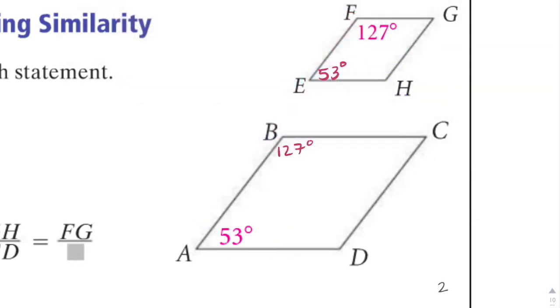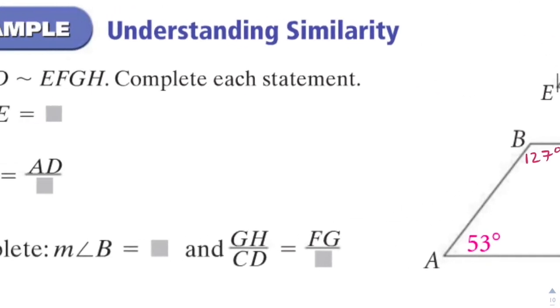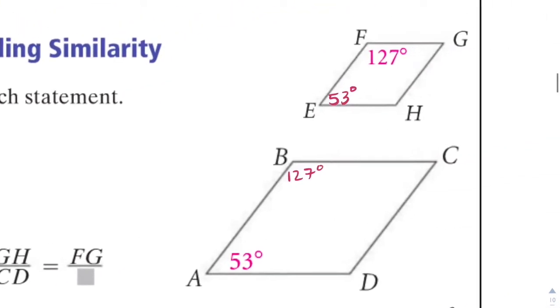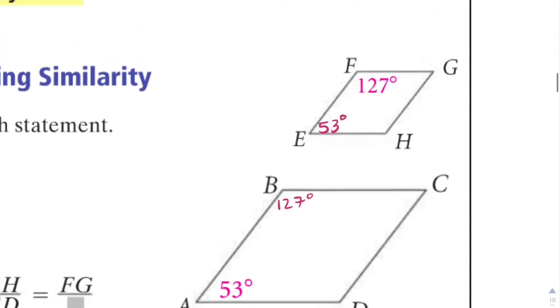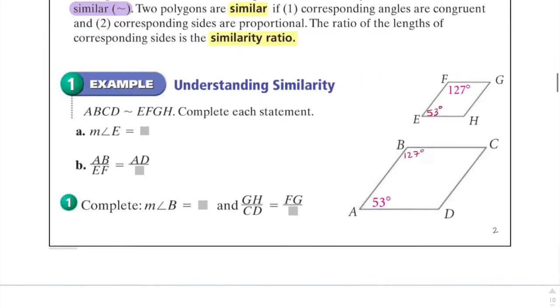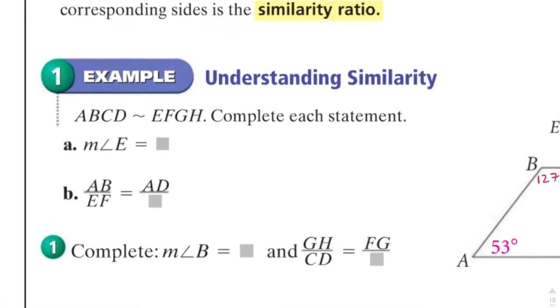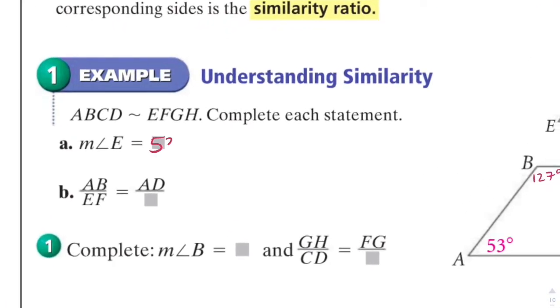Here we are. And because this is a polygon, we know that right here, angle E is 53 degrees. So I'm going to answer this question.